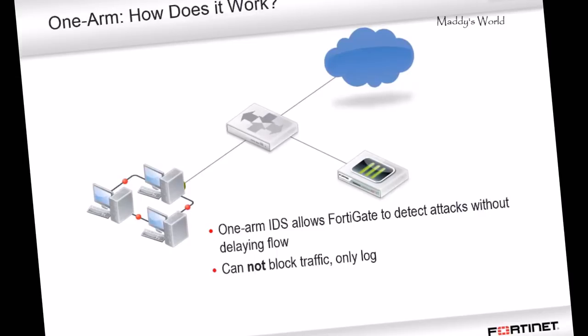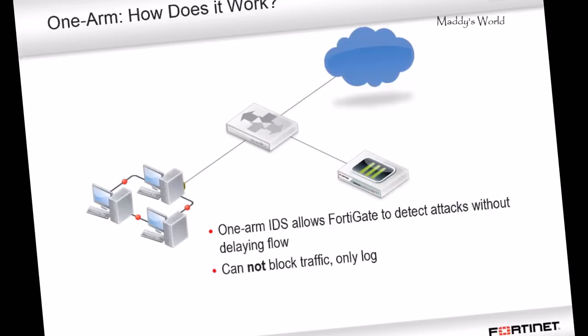But current hardware performance is much better, so this method is now primarily for testing or evaluation purposes. The main limitation with this mode is that FortiGate cannot block any traffic. Because it's on a mirrored port on the switch, not directly between the attacker and your protected network, FortiGate isn't placed to intervene.